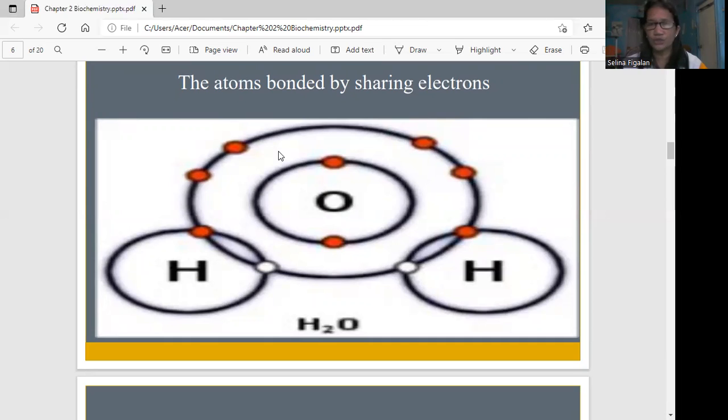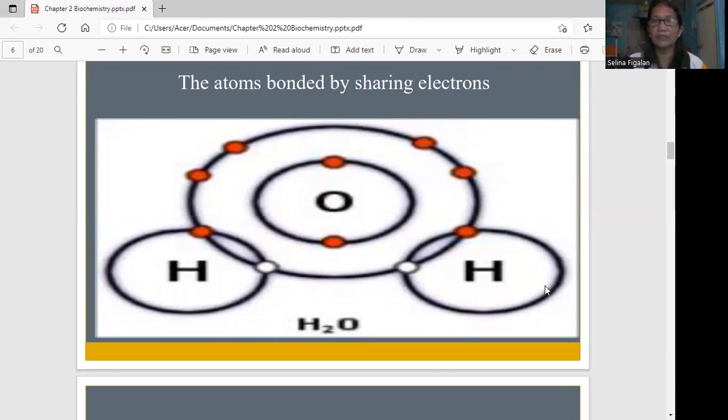Walang naglo-lose, walang nagdo-donate, walang nag-accept. Each one of them shared electrons. That is the reason why in the definition of covalent bond, it says that the atoms are bonded by sharing electrons. They shared with each other. That is the reason why pag nakita mo, the water is a covalent bond.